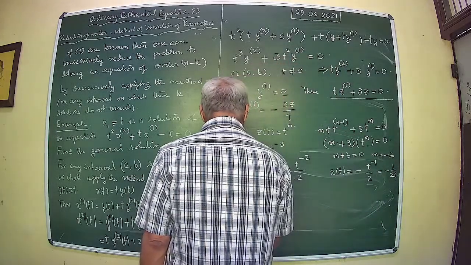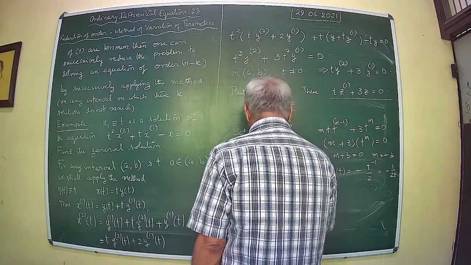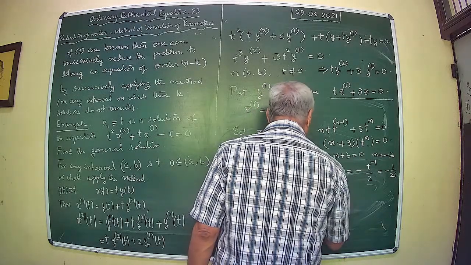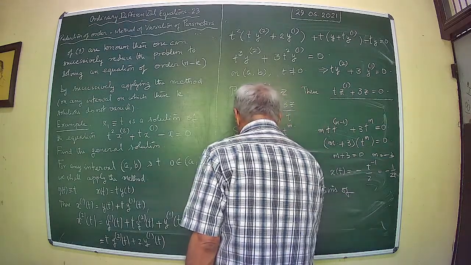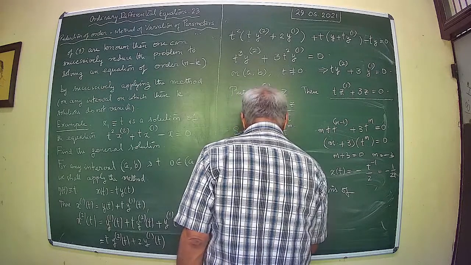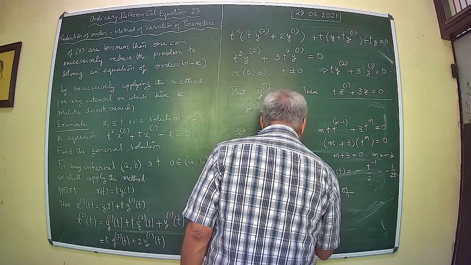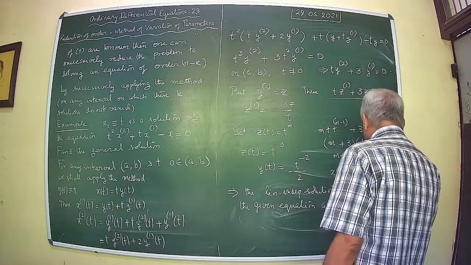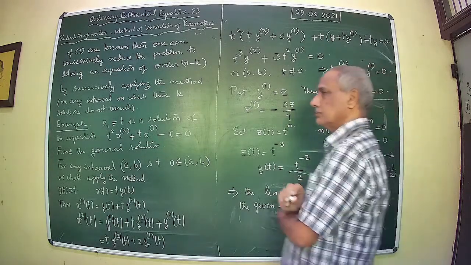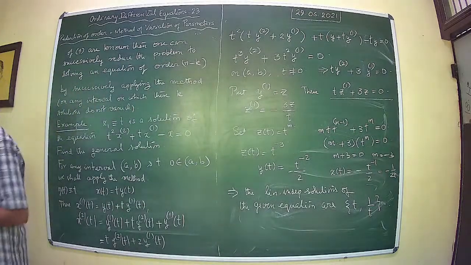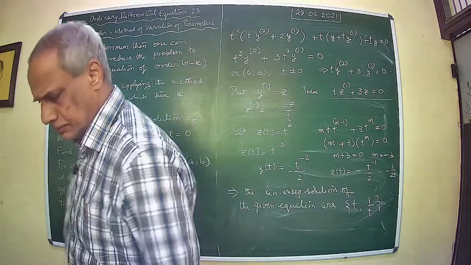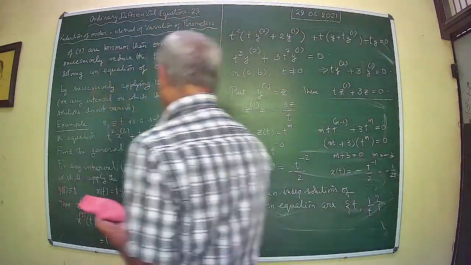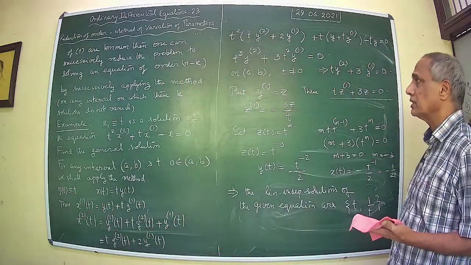Therefore, the linearly independent solutions are t and 1 by t. So that is how you work this out. It's just an example. It's quite easy to solve it even otherwise. Okay, so that completes that part, reduction of order.